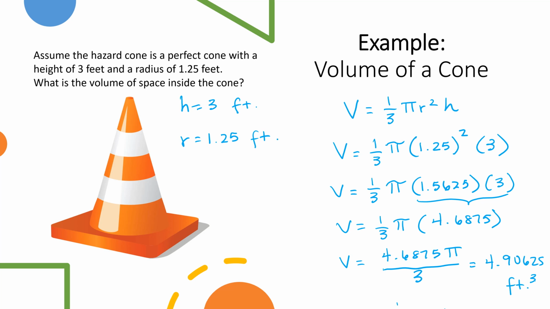We get the volume of this cone is 4.90625 feet cubed. And maybe I might ask you to round it to the nearest tenth, and you would tell me that the volume is approximately 4 9/10 feet cubed.